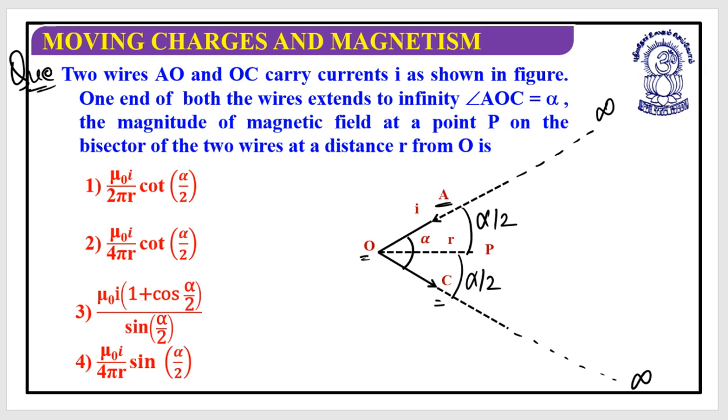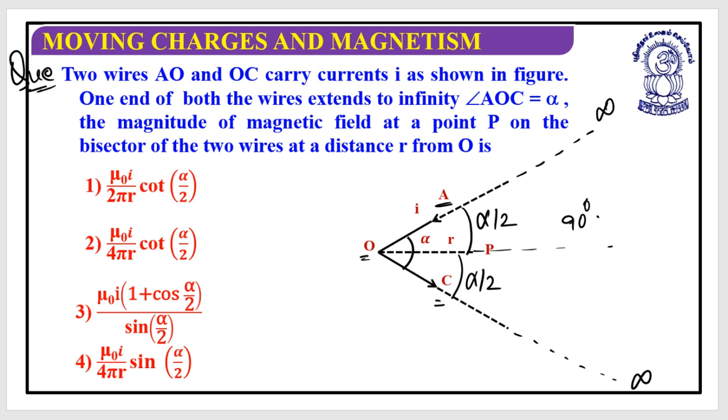So now what you need to do is that this wire has one of its sides as infinite, and when one of the sides is infinite, let's just assume that this is the perpendicular distance, and on this side the angle would be 90.